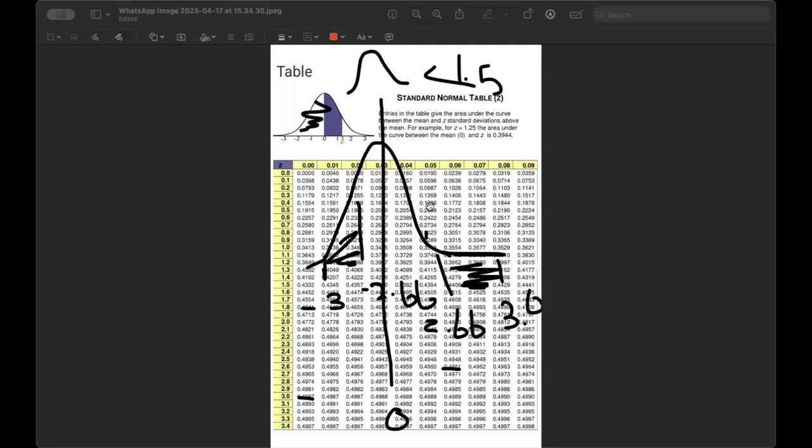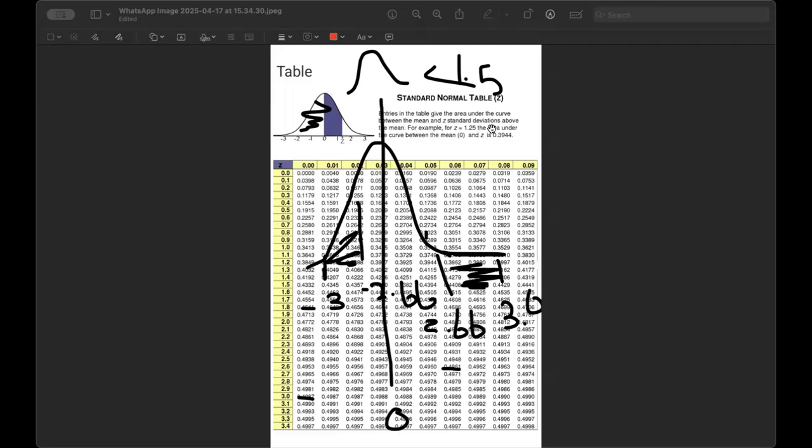I can't find the negative region area, I can only find the positive side. But it's symmetric about the zero axis, as we already learned. Look at the curve: this region for minus 2.37 is exactly equal to this region, and the region gives us the probability.